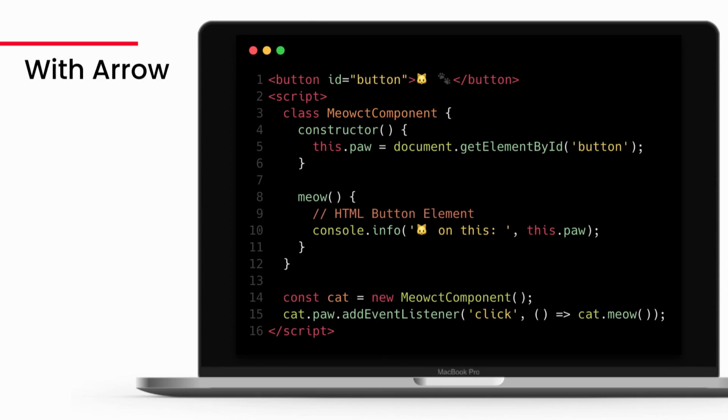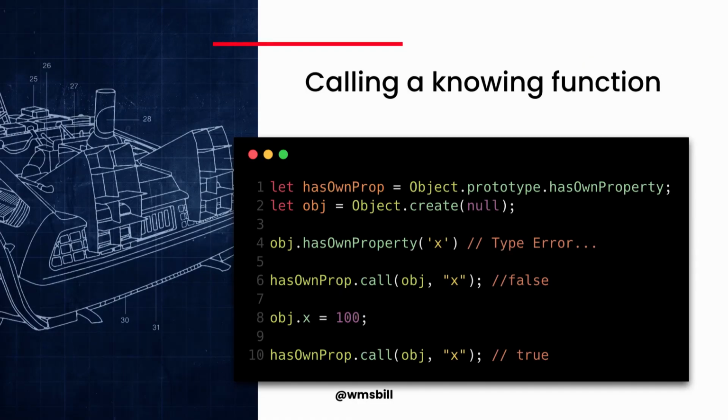So the thing is, arrow function removes a lot of complexity in order to predict this inside a function. But we still have two cases where we need to explicitly bind this on a function. The first one is this one.